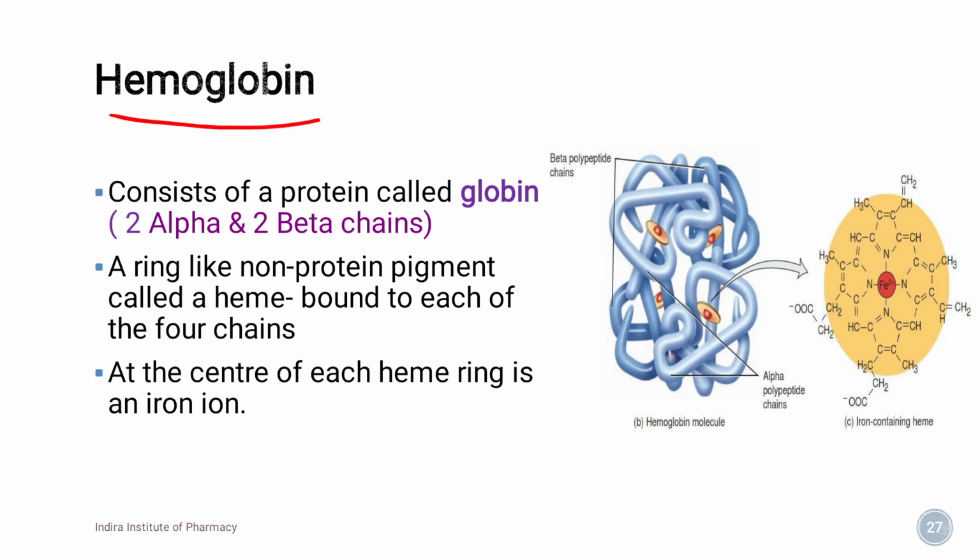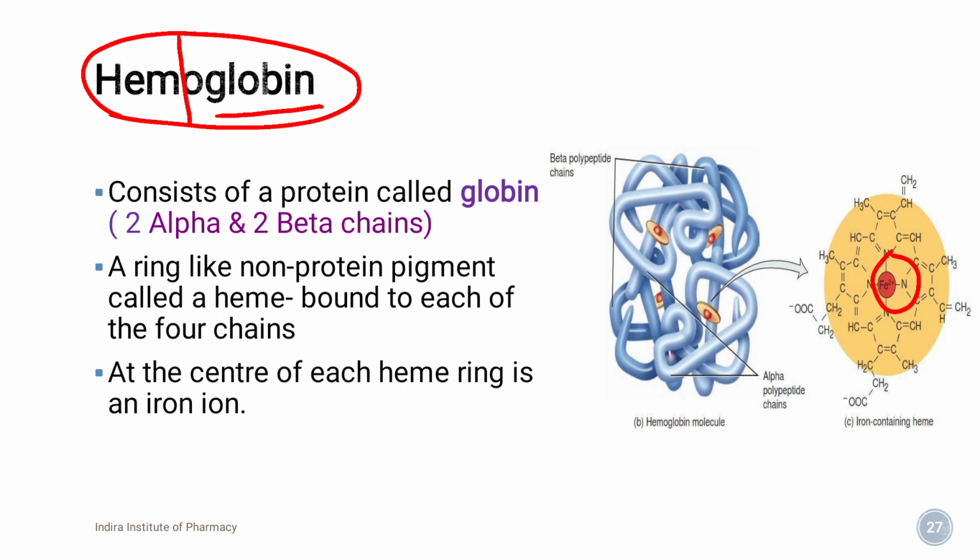Hemoglobin is divided into two parts, heme and globin. The heme group contains an iron atom, as you can see here, which is able to bind one oxygen molecule.